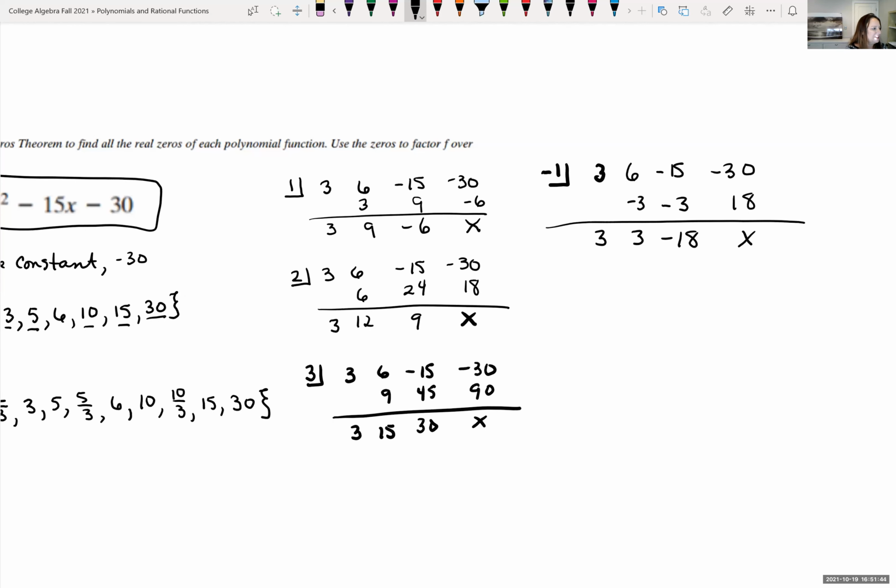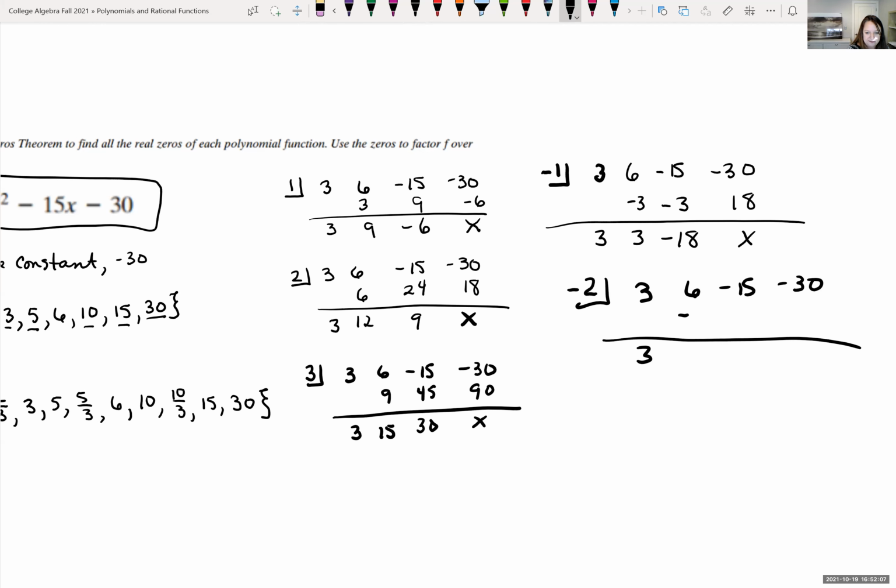Okay, so now let's try negative 2. And I wrote negative 3. So negative 2. Now that's 3, 6, negative 15, and negative 30. Bring down our first number, 3.